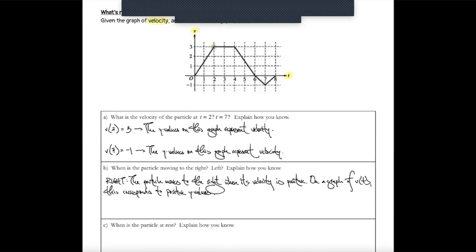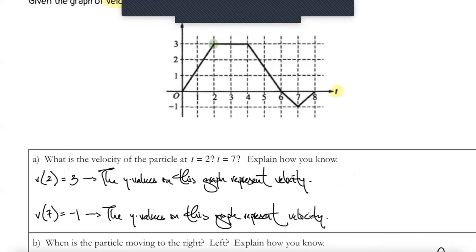What is the y value at t equals 0? 0. Okay. Is 0 a positive number? No, 0 is not a positive number. What about the y value at t equals 6? It is also 0, and 0 is not positive or negative.